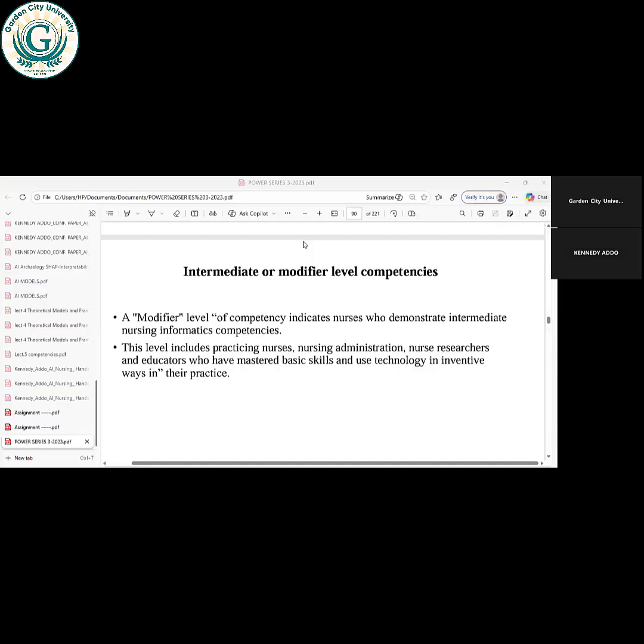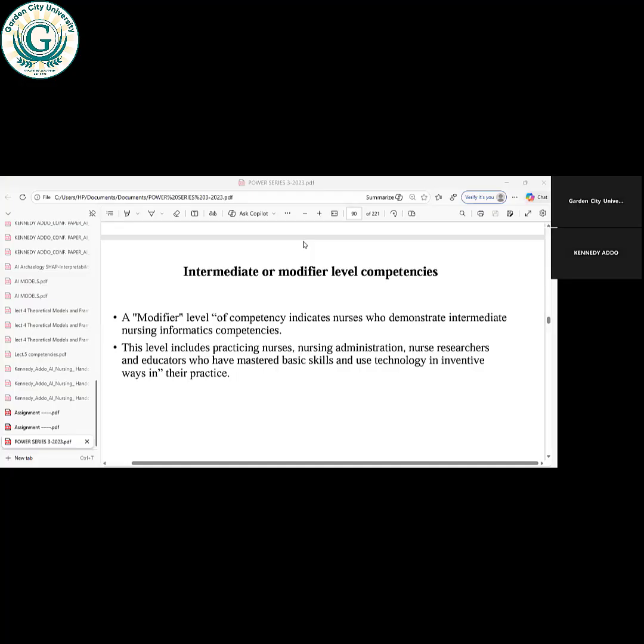Now, based on this conversation, they are saying that minimally, even if you don't know anything at all, you should be at the level of what? Intermediate or modifier. So in an examination, you will see a question like: which of the following is the minimal competency every practitioner nurse should possess or get?